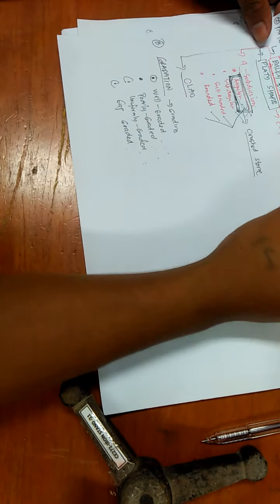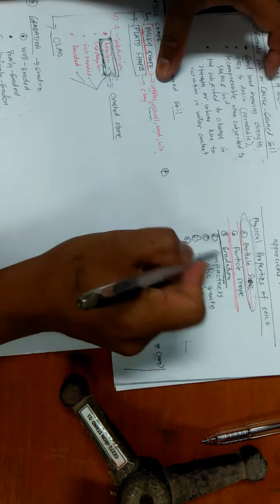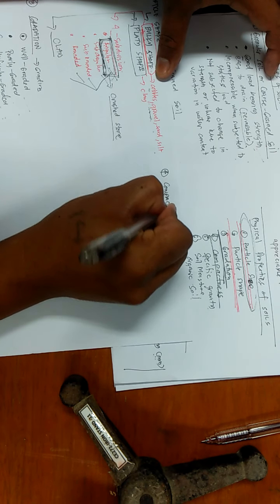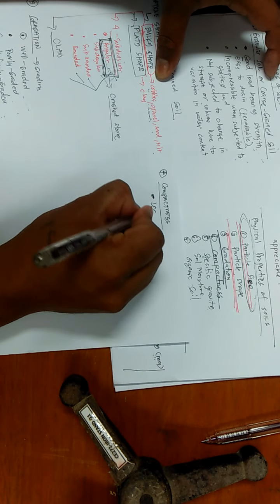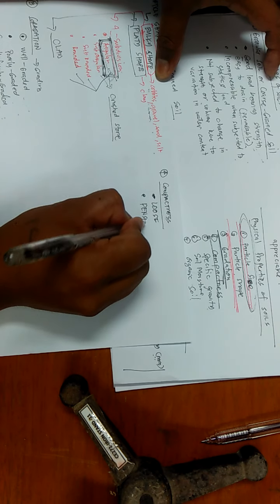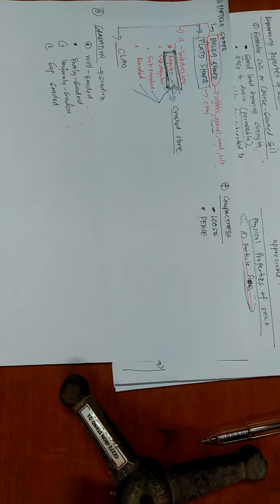So for our number 4, this is what we call compactness. With compactness, you determine whether the soil is loose or the soil is dense. Usually, we notice this in construction projects, in road construction.